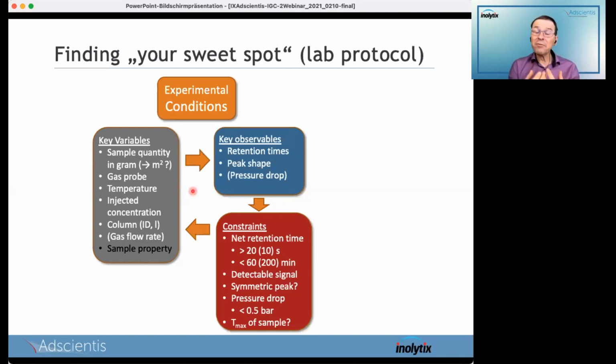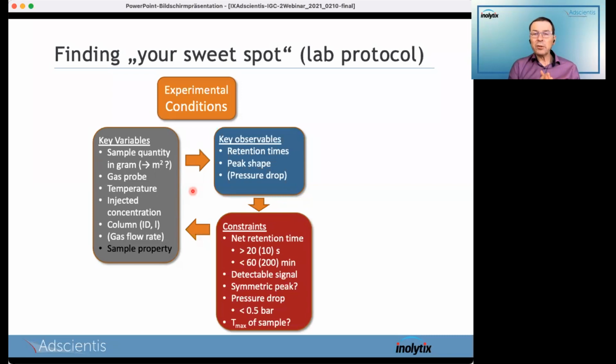Sometimes the adsorption is very strong and you have to wait and wait, up to 60 minutes or 200 minutes, but 200 minutes is really the maximum we usually employ. It must also be a detectable signal. Then we ask the question, how symmetric is the peak, and the pressure drop, and some samples like pharma products are very sensitive to temperature as well. So there might be a maximum temperature here.